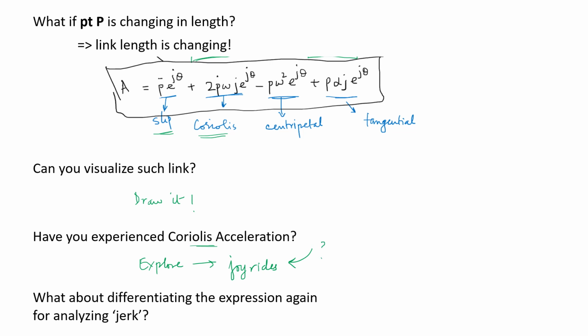So can you explore joyrides in order to explore Coriolis acceleration? Another question to add further depth in the discussion is to explore the effect of jerk in such kinds of movements. You took the time derivative of velocity to find out the acceleration, and you can take another time derivative of the acceleration expression to find that. So I'll ask you to explore this activity as well.